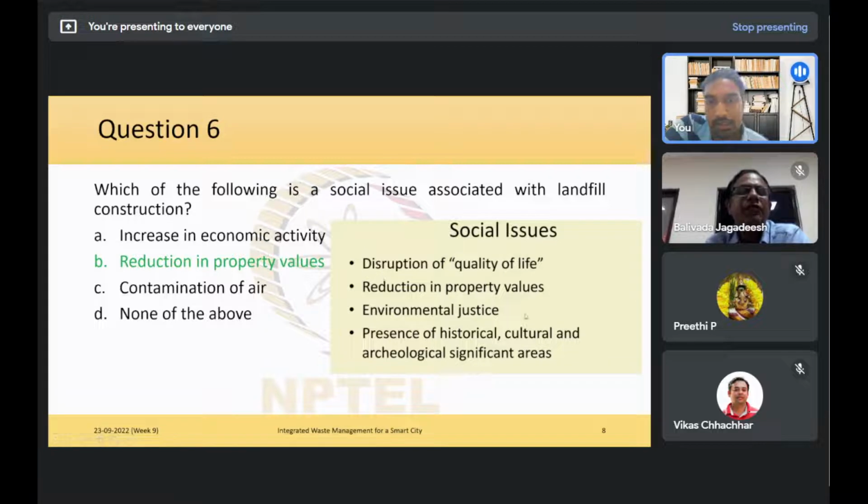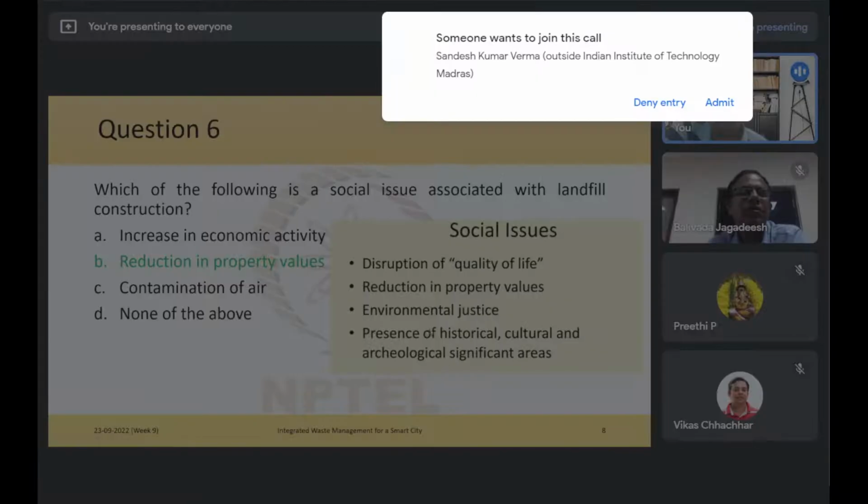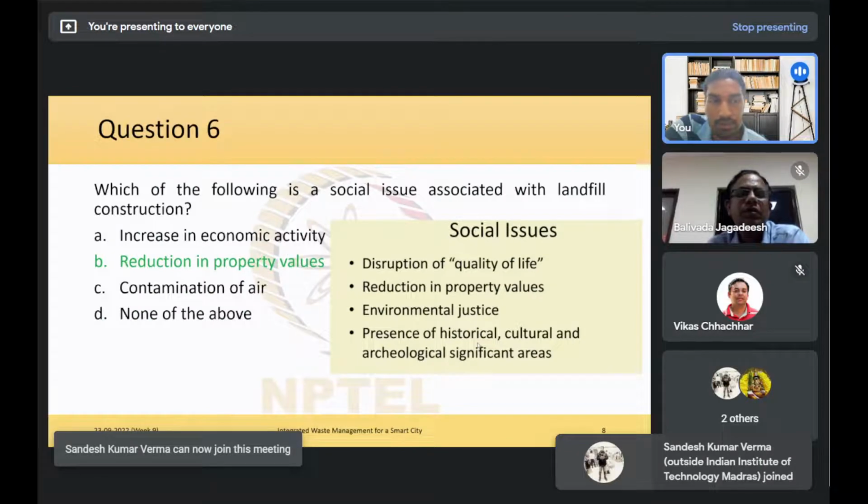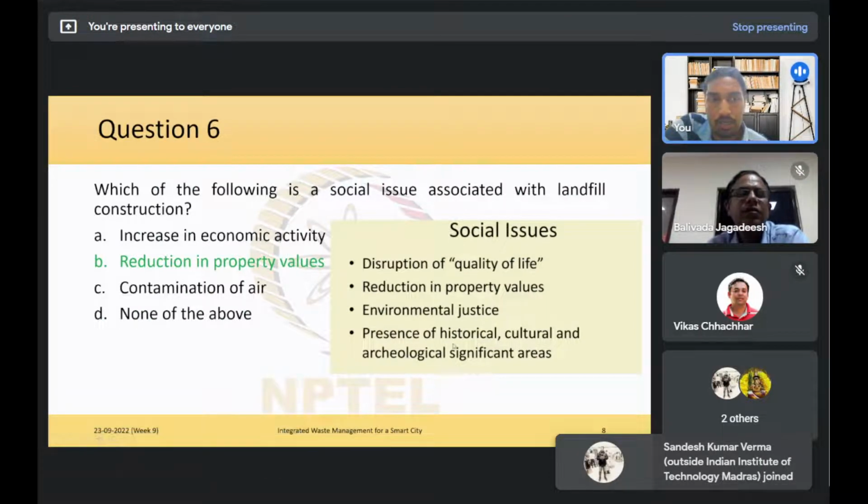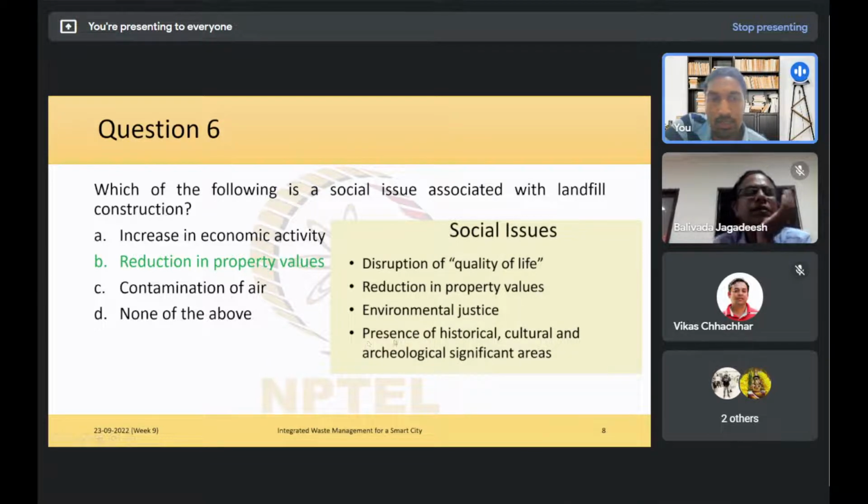Then there is environmental justice: we want everyone to have access to clean water, so we don't want some people to be affected. Also, there are historical, cultural, and archaeological sites, and it is not desirable to have a landfill site near them. So these are all social issues that can occur when we are looking for a landfill site.